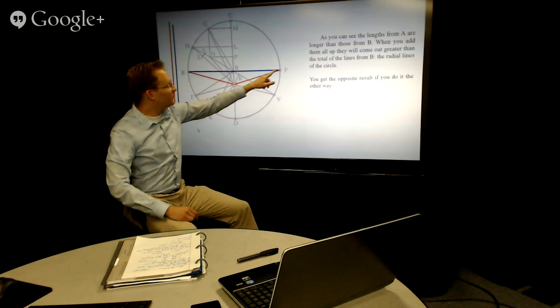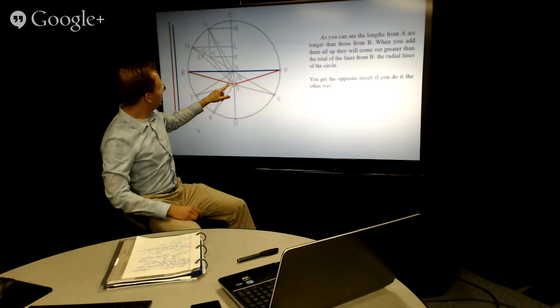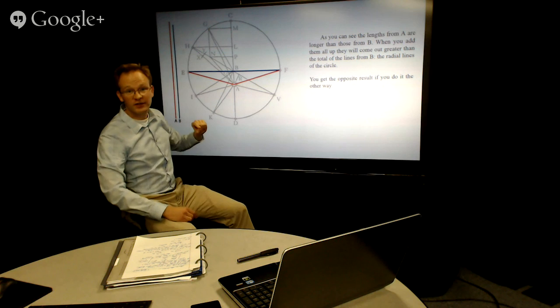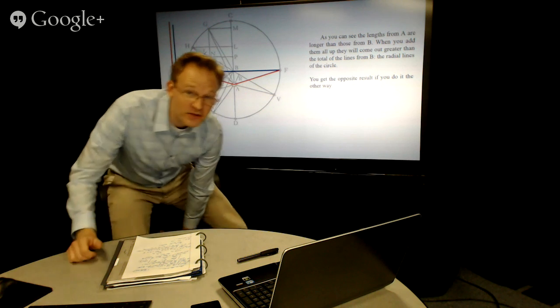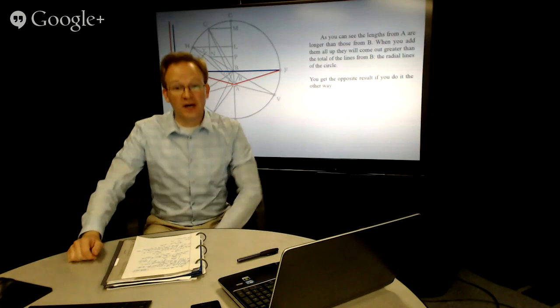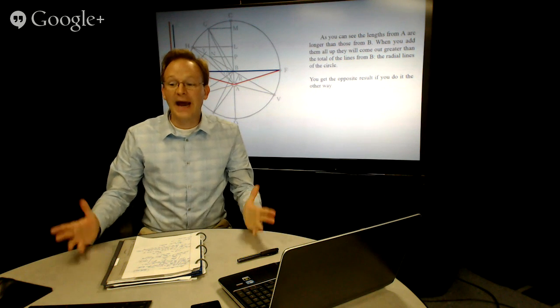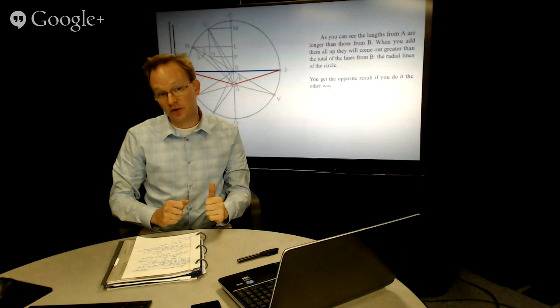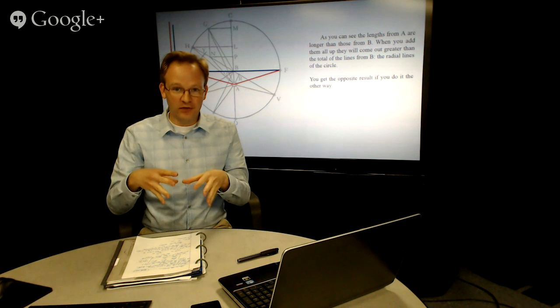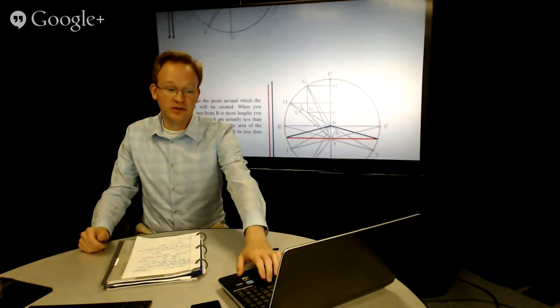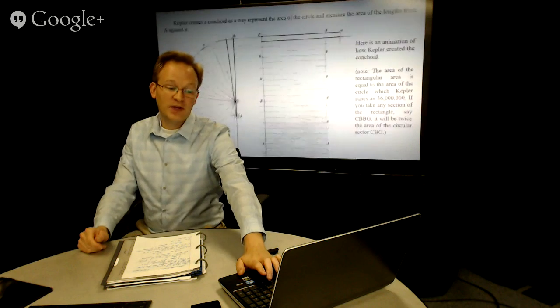Again, their distances to the sun added up are longer than both of their distances to the center. So if adding up all of the distances to the center makes the area of the circle, then adding up all of the distances to the sun has to be larger than the circle. So we know that the circle's area can't precisely measure the sum of the distances, and that shows up in the conchoid.